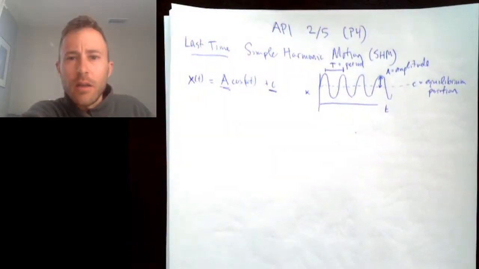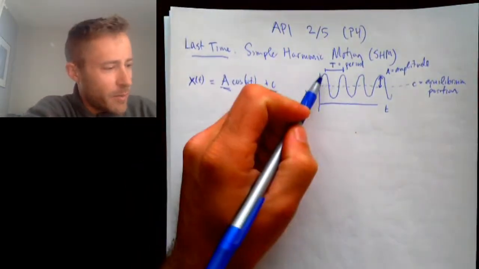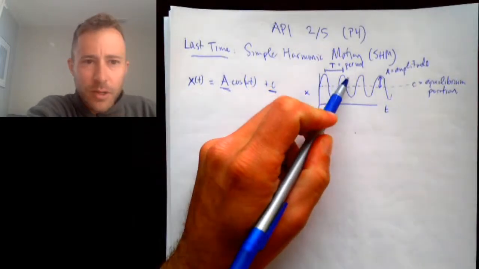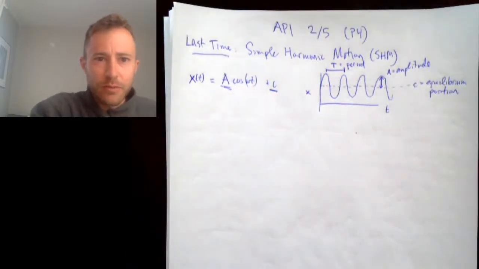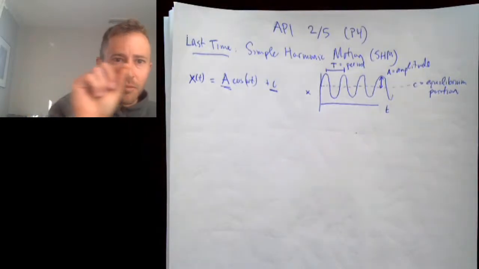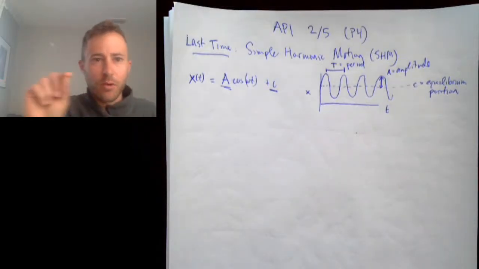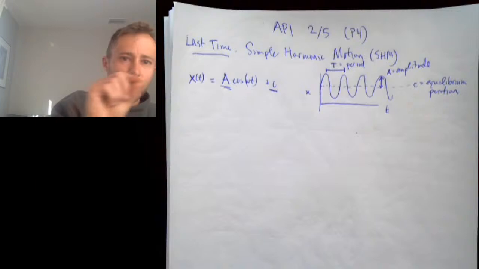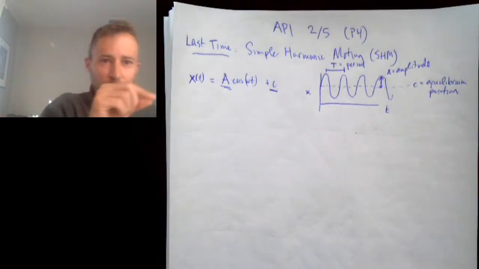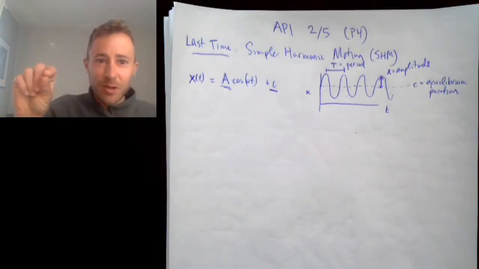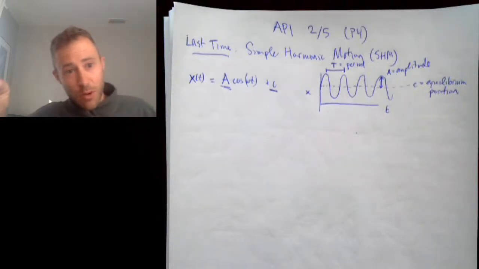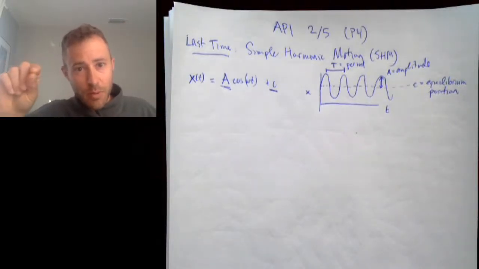Okay. And the period is the time it takes to complete a full vibration. So if something is going in simple harmonic motion, it's going back and forth and back and forth. So the time to go back and forth is one period.